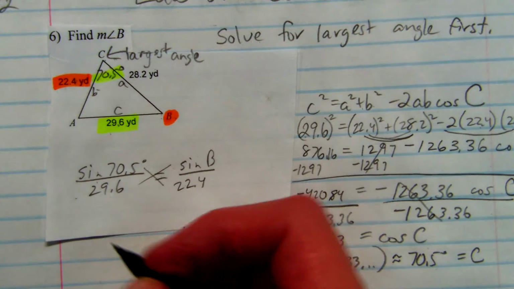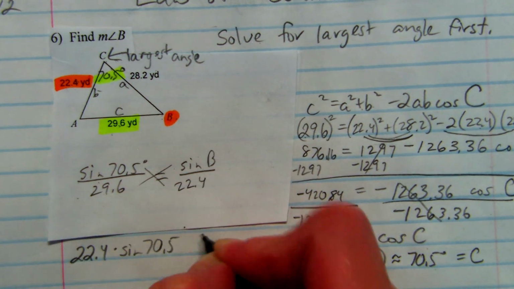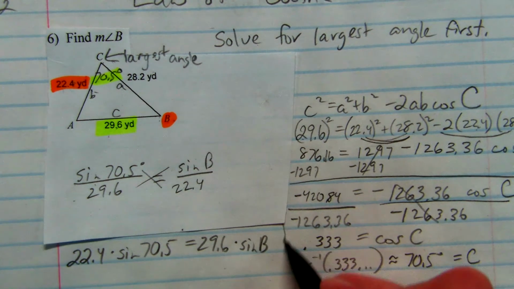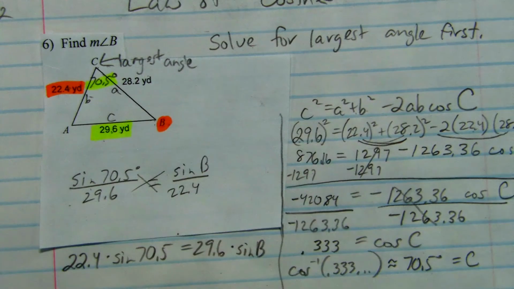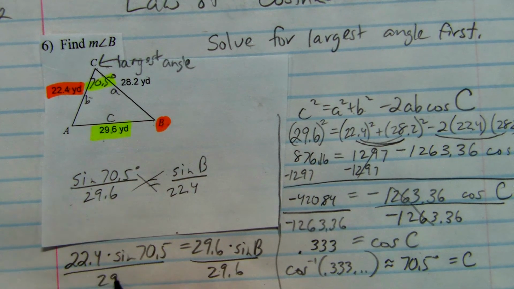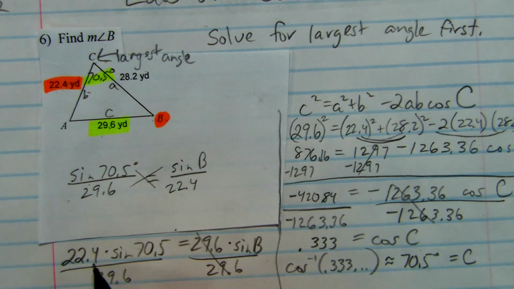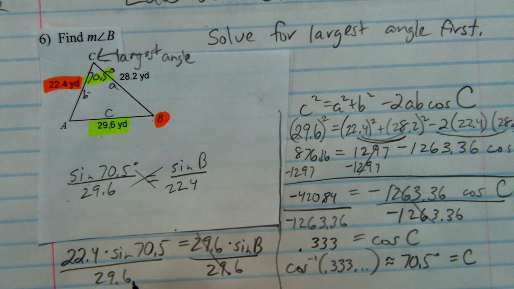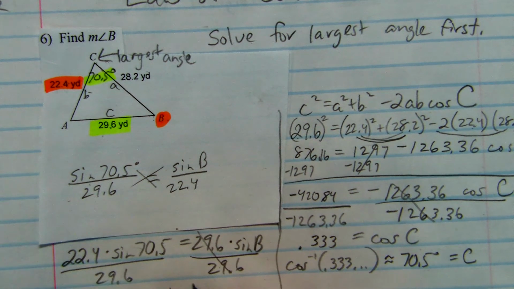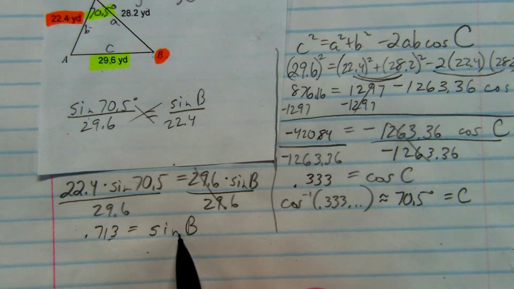So we would have 22.4 times sine of 70.5 equals 29.6 times sine of B. I'm going to try to draw a line there so it doesn't get confusing. And then we solve for the sine of B, so divide by the 29.6, and we put all of this into the calculator. 22.4 times sine of 70.5 divided by 29.6, and we get 0.713 equals sine of B. This is what we got when we put it in the calculator.